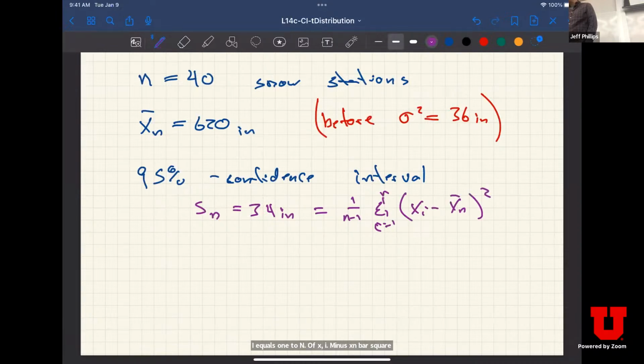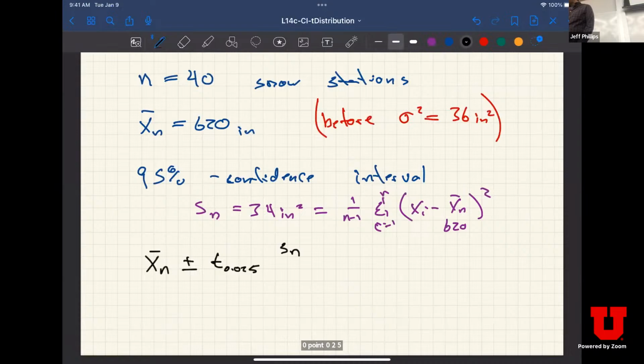And remember that this was 620, and that should be inches squared, I guess. Okay, so how do we do this? We're going to say the confidence interval is X̄n plus or minus t 0.025 times square root of Sn divided by square root of 40, right? This is this term.